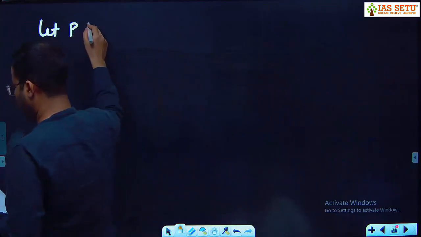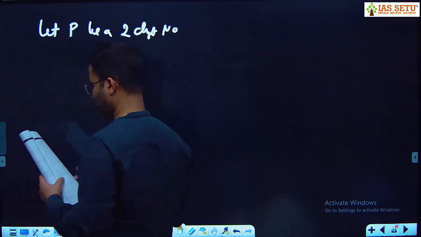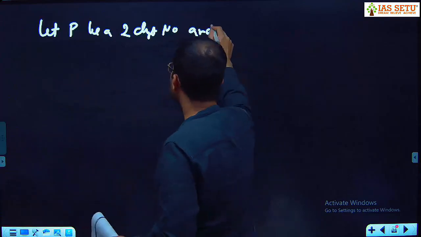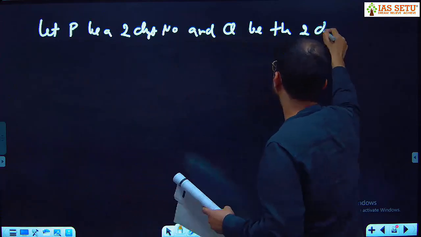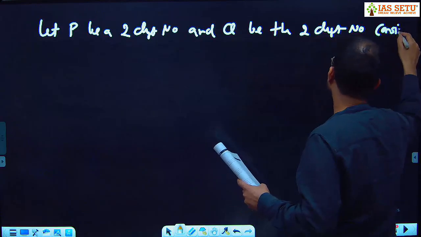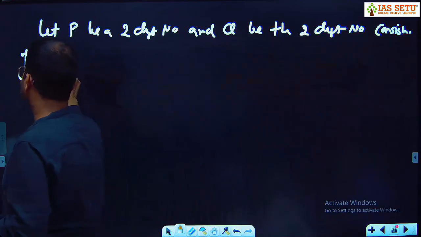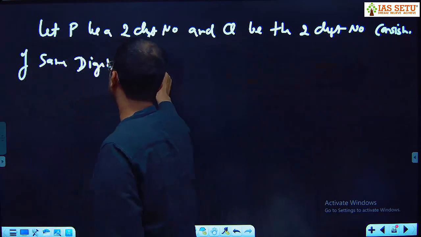Let P be a two-digit number and Q be the two-digit number consisting of the same digits written in reverse order.